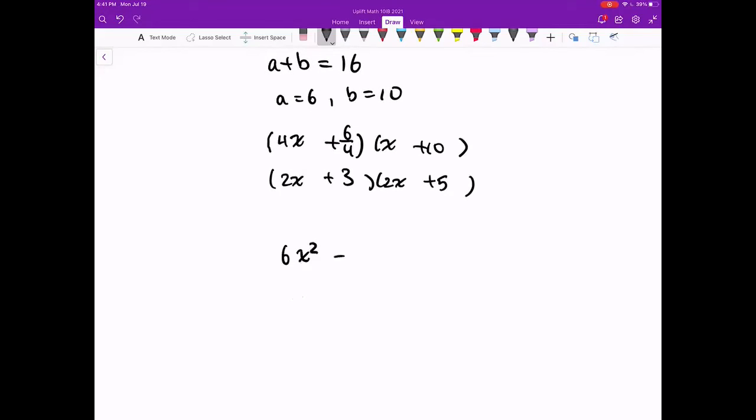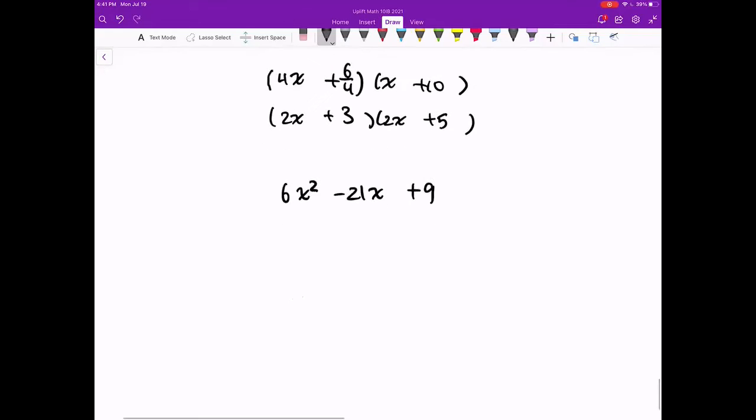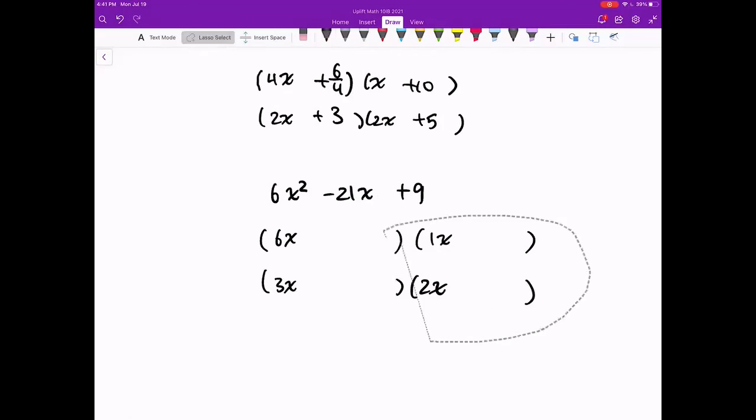Let's try yours first. One more example, and then we'll give some for you guys to try. So in this case, it's either 6x times 1x or 3x times 2x. I don't know why I made my brackets so big.